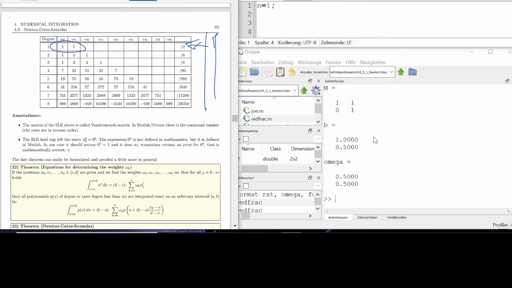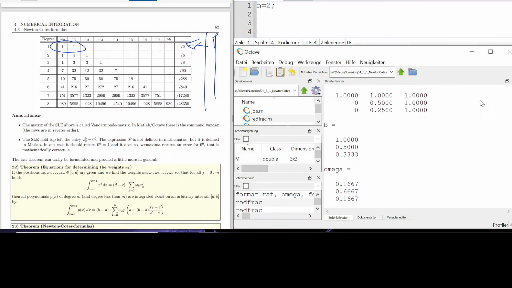Okay, then let's run that code for n is 2. And then we have that matrix, we had that on our paper, we have that right hand side, and then we get that answer. We prefer that as a fraction, so we can do that dirty trick.